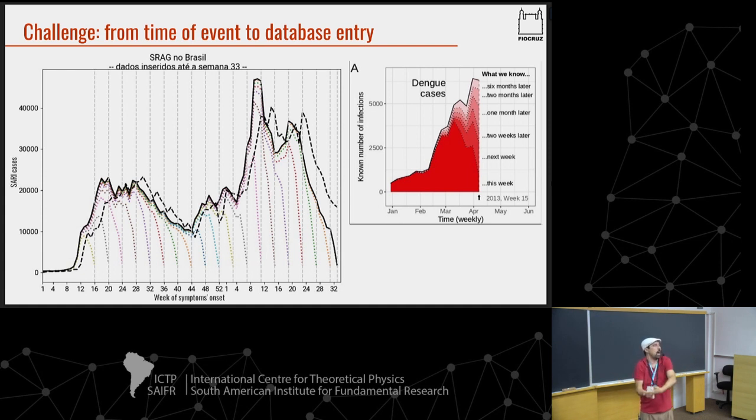So if I don't have those variables in my system already, a way to try to infer this difference in time between event date and data uploading, okay? Is that clear so far?